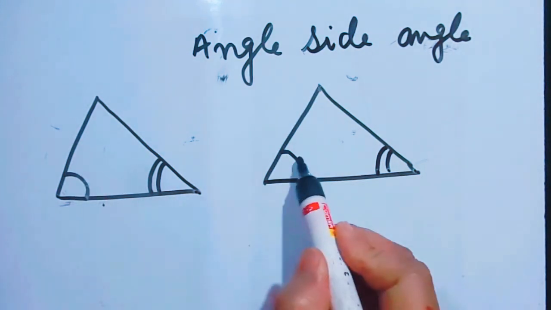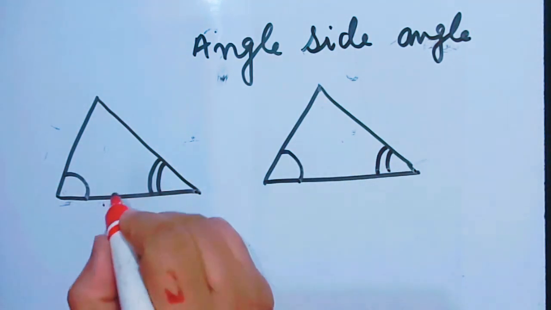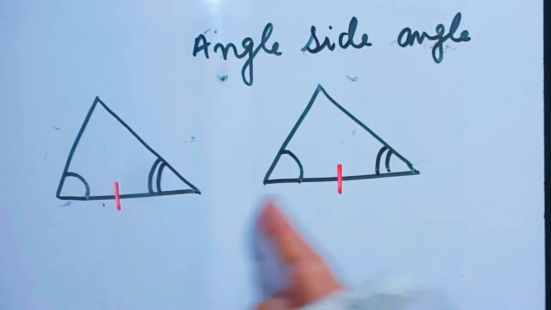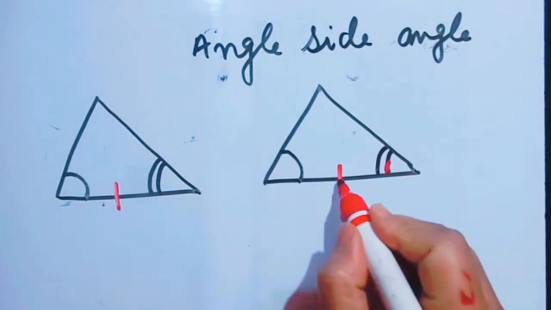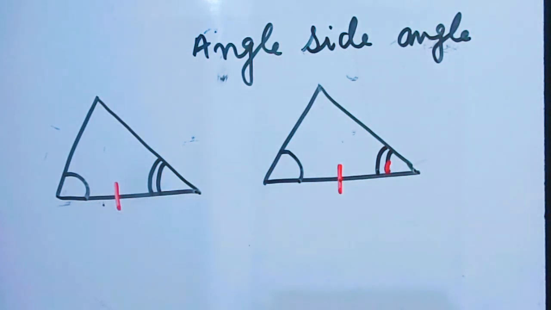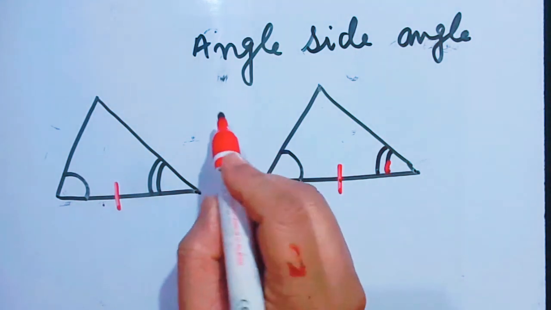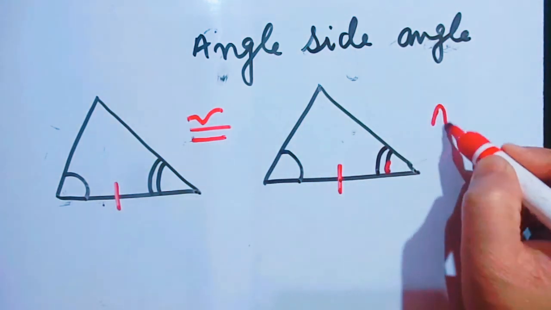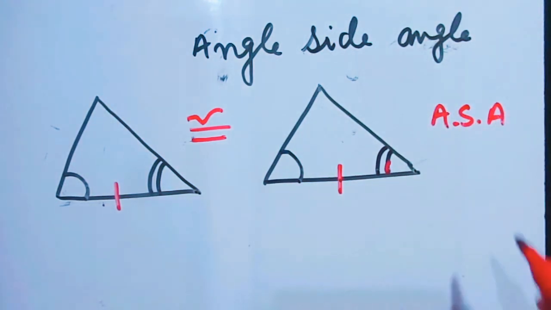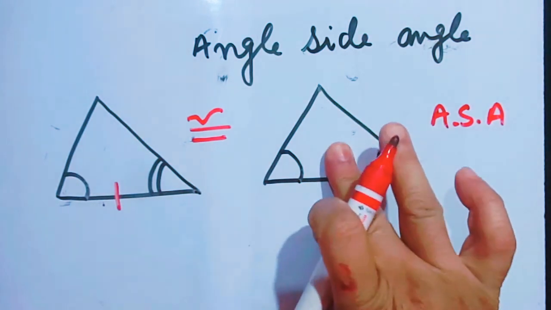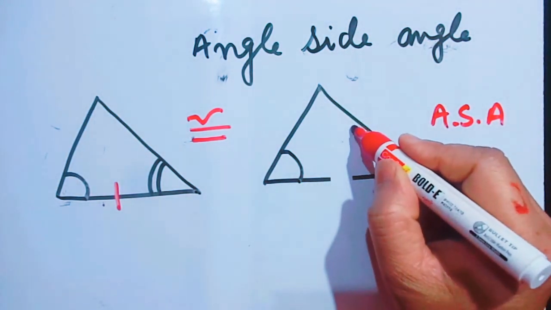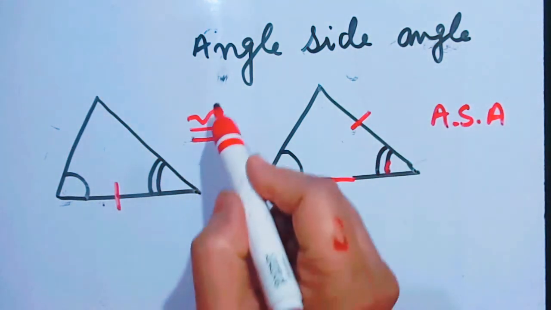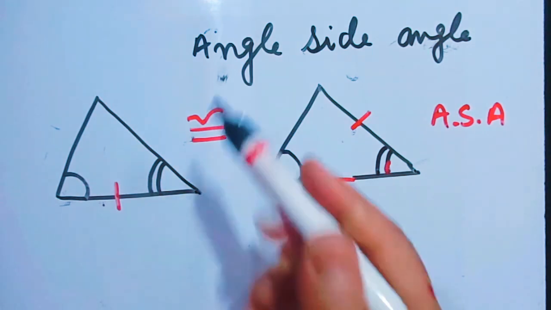So if these two angles are given equal and the side between these two angles, that we call the corresponding side, is equal, then we say that the triangles are congruent on the basis of angle, side, angle. Once again, if they would give you that this particular side is equal to this particular side, they will not be congruent.